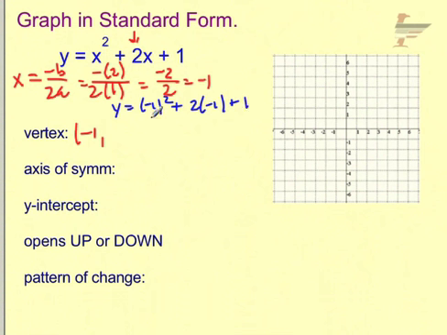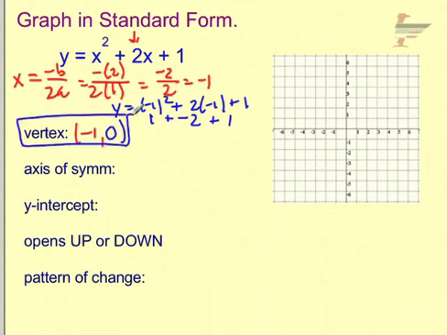Negative 1 squared is 1, plus 2 times negative 1 is negative 2, plus 1. 1 plus negative 2 is negative 1, and negative 1 plus 1 is 0. So actually our vertex is the point negative 1, 0. I'm going to go ahead and plot that. That means we go 1 to the left and 0.